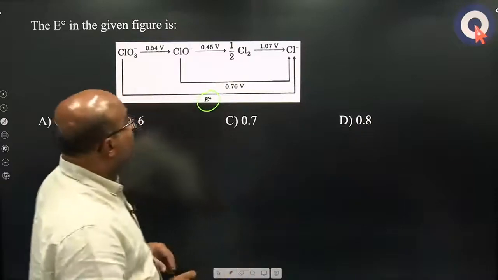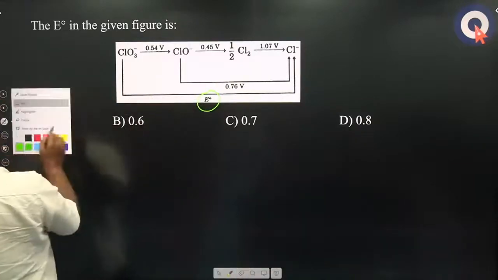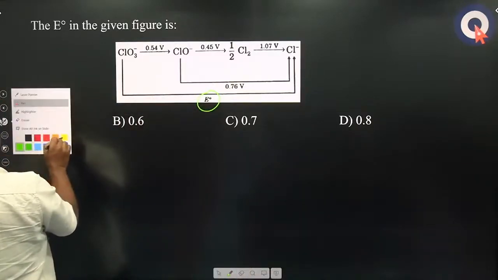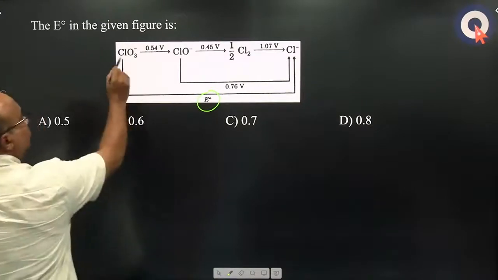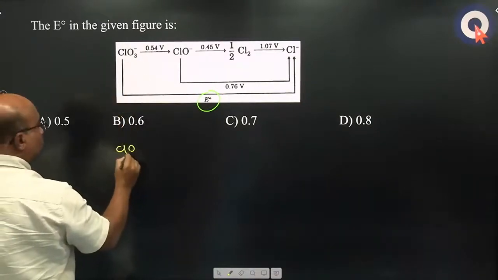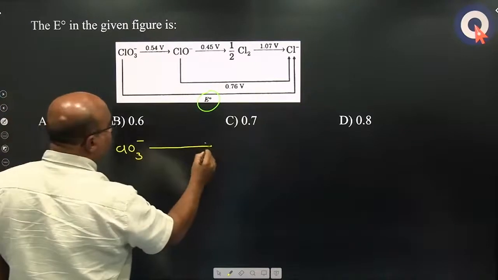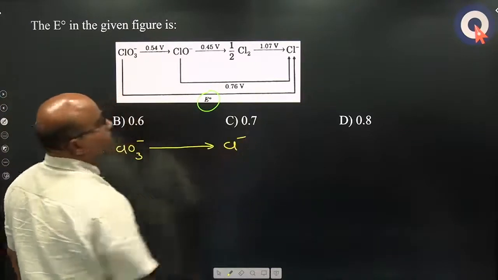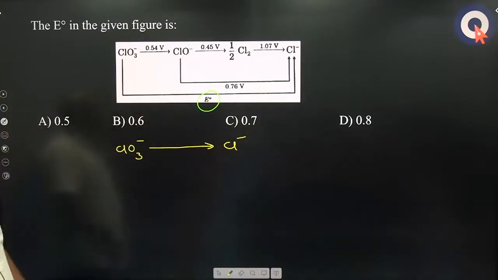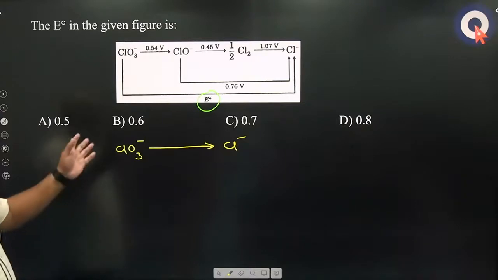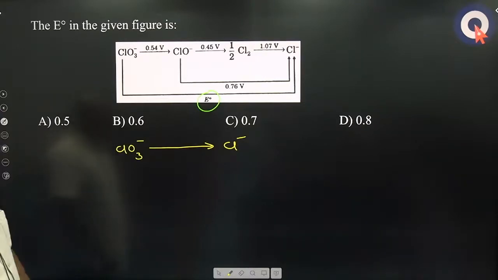But when we have different cell reactions here, what we actually require is the ClO3 minus conversion into Cl minus in total. So what are the different conditions that are given? Let us see.